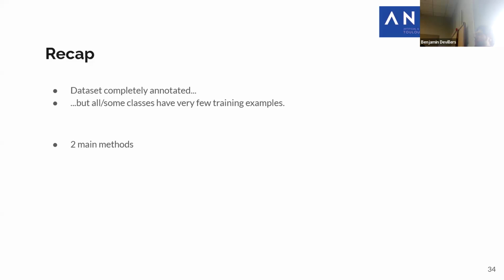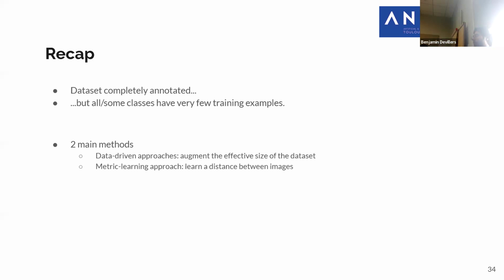And we've seen two main things to do. I said method, but I wouldn't say method. I don't have the word. One is to improve the dataset somehow, so augment the size of the dataset, either by transformation or by using an already existing dataset online and transferring the information from one to the other.